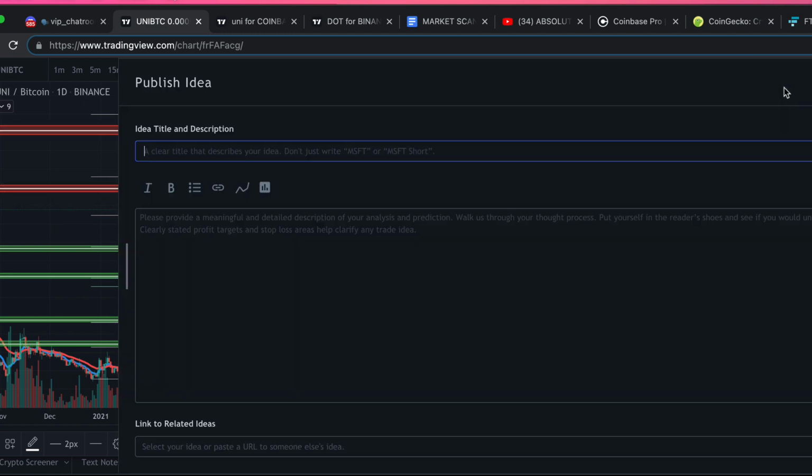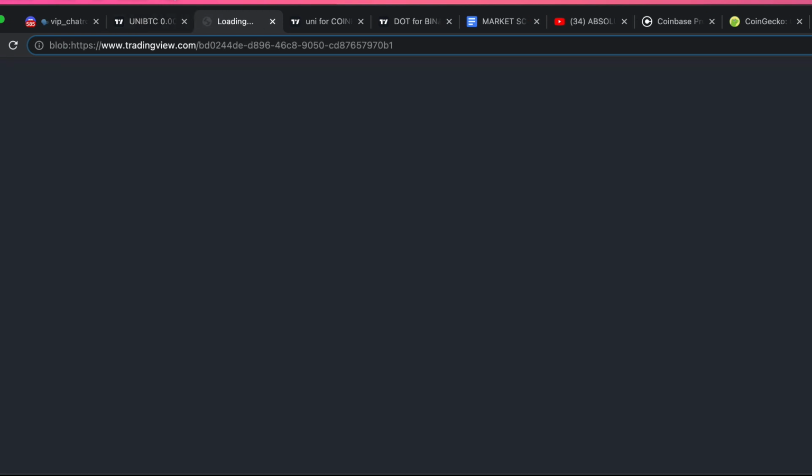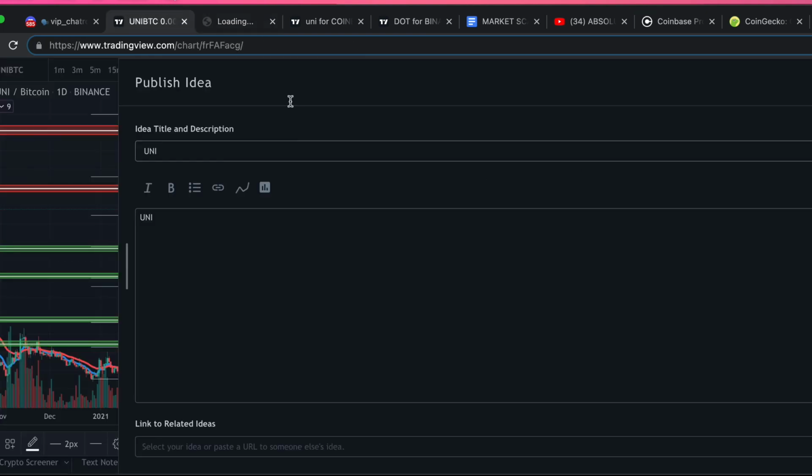So I'm actually going to publish this idea. And what I'm going to do is if this comes down to the major support zone, that's obviously a really good area to buy. So I'm going to put an alert in, and then this is going to alert any of the VIP members if the price does come down, and then we could just load up on Uniswap, and then that'll also tell us what the other coins are doing, because the market tends to move in tandem.